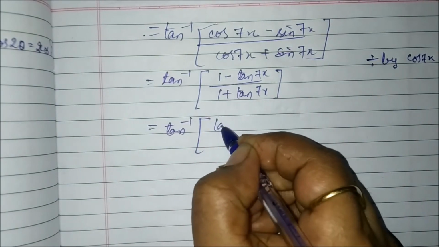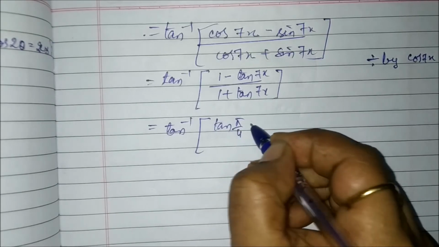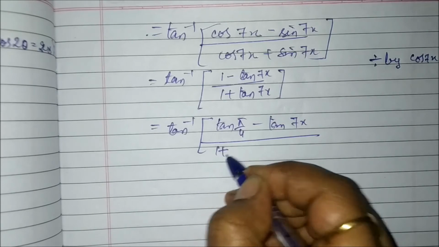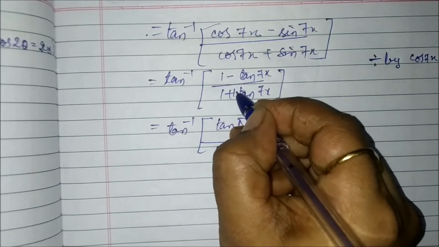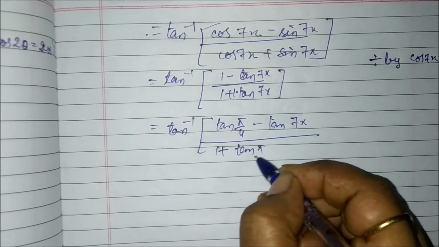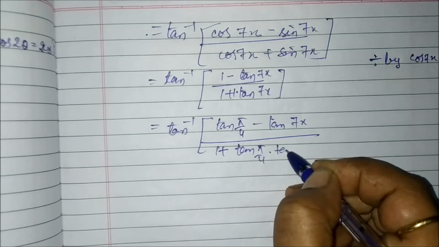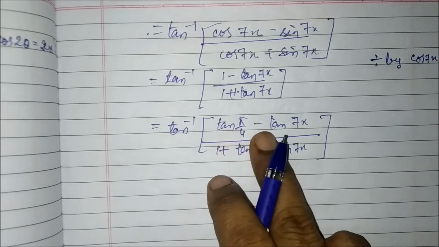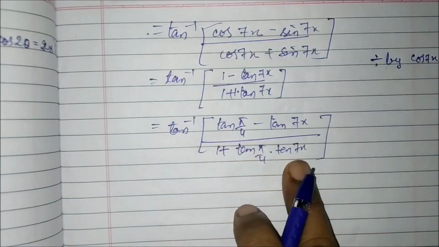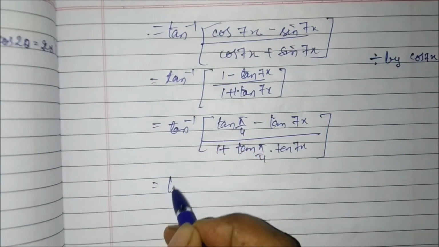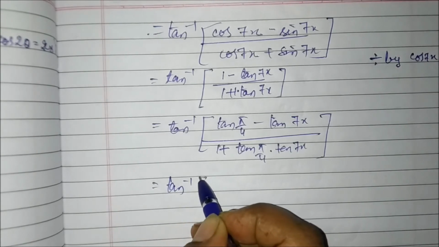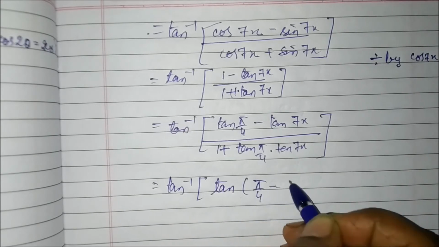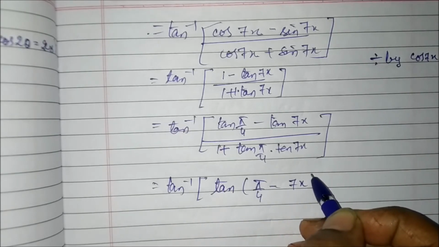Now this is written as tan pi by 4 minus tan 7x by 2 upon 1 plus, here we can consider 1 into tan 7x by 2. So this is like tan A minus tan B upon 1 plus tan A tan B. So it is the formula of tan A minus B. So we write here tan of pi by 4 minus 7x by 2.